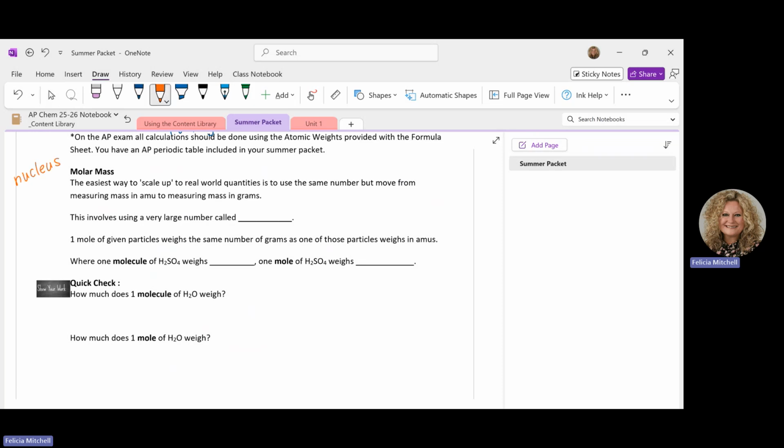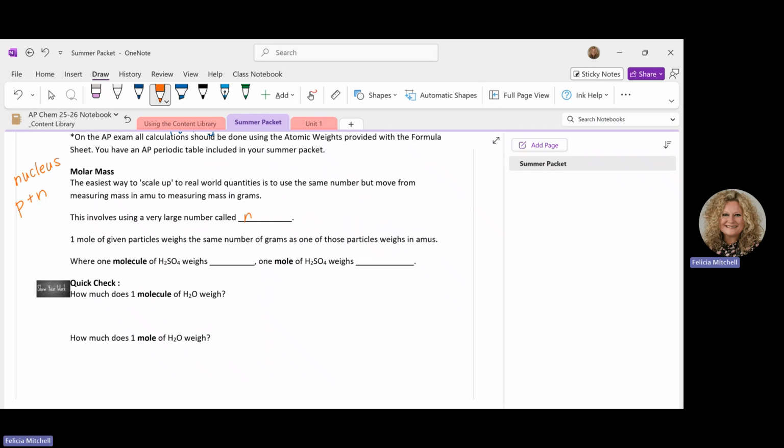Mass being from the nucleus means protons plus neutrons. That is what lives in the nucleus of an atom. Remember, the electrons live in the outer energy levels, or we sometimes call them shells or rings. But your mass comes from your protons and your neutrons. If you really looked up the mass of a proton and a neutron in AMUs, it would have lots of decimal places. And so, like I said, we do report these masses in grams.